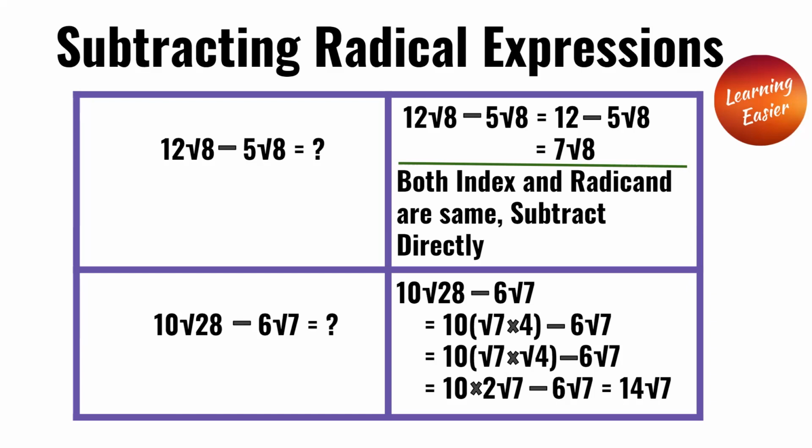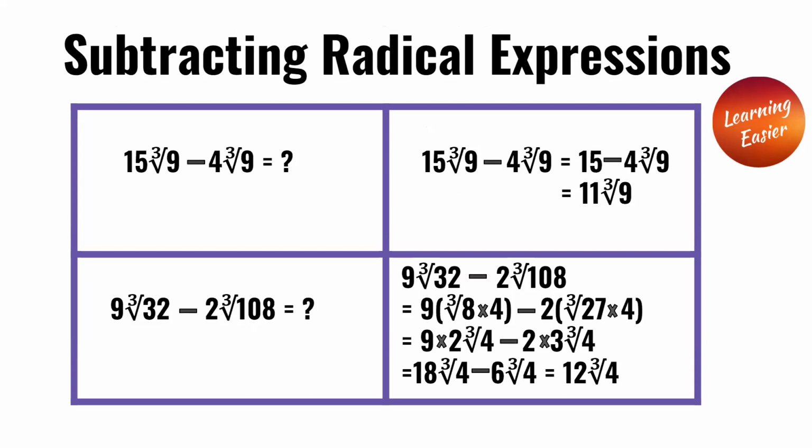So we're going to simplify 10 square root of 28 into 10 times the square root of 7 times 4, which is equal to 10 times the square root of 7 times the square root of 4, which is equal to 10 times 2 square root of 7, which is equal to 20 square root of 7. 20 minus 6 is 14. So the answer is 14 square root of 7.